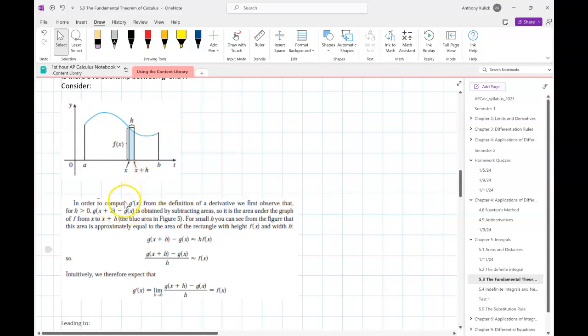So in order to compute g prime from the definition of a derivative, we observe that h, the distance from one x value to the other x value, is always going to be positive.